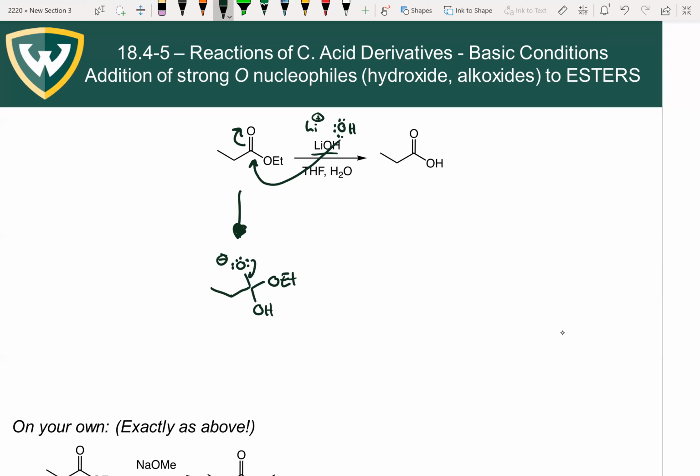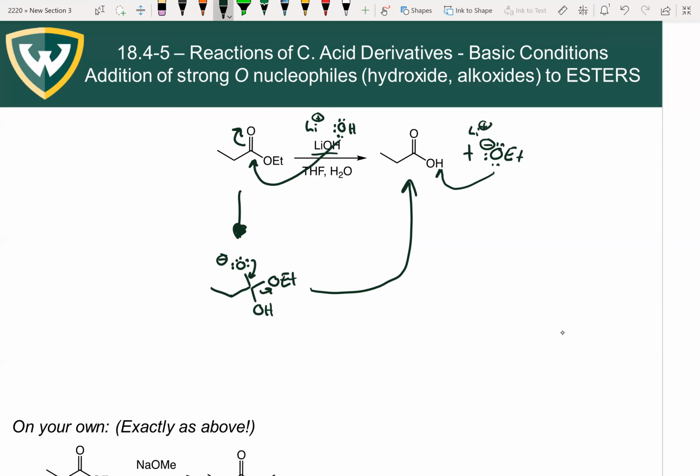This is another simple mechanism wherein we kick out our ethoxide to finish this out. Now, one thing to note, lithium ethoxide, molecule drawn here, is a strong base. Carboxylic acids are modest to strong acids.